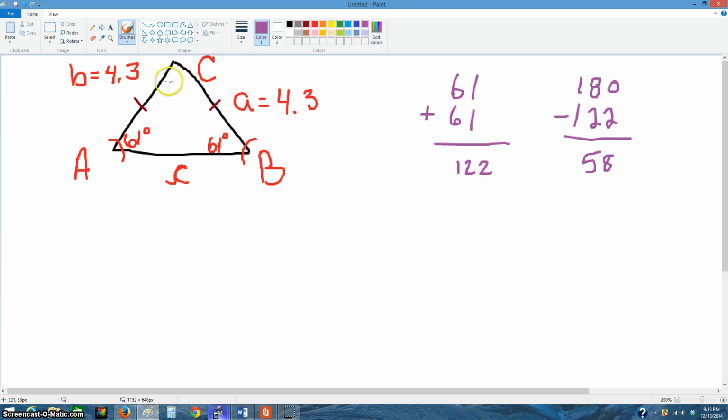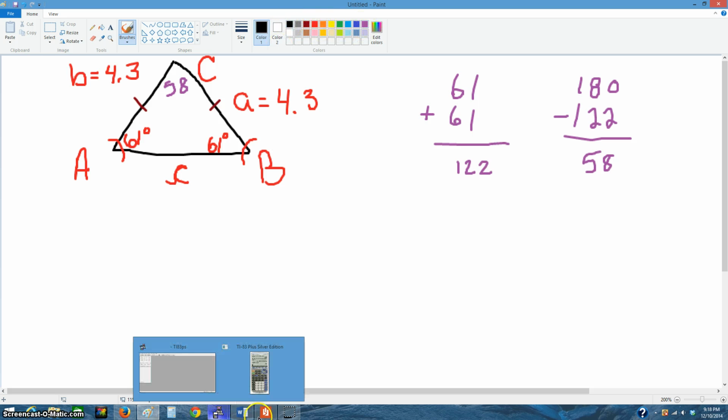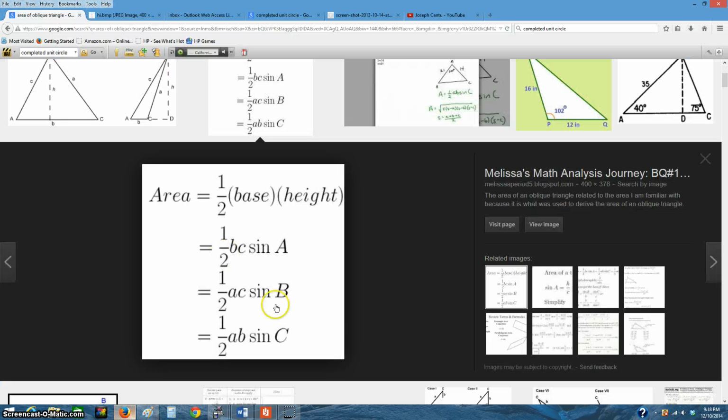So I'm going to place it up here. And the reason why I solve for angle C is because I'm going to use that formula for area, which says, let's see, let's look at our area formula, 1/2 AB sine of C. If we were to use the other ones, we couldn't, because they both require you to know side C, and we don't know that.